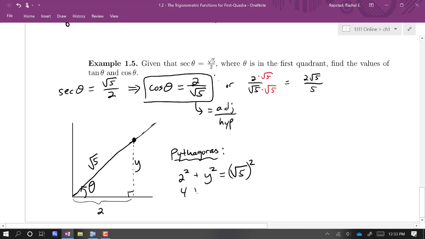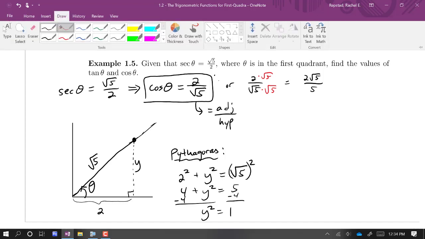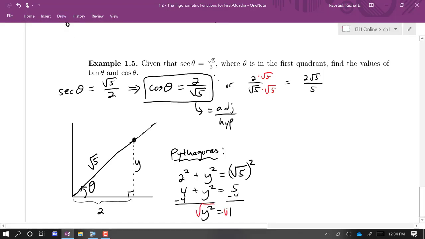So 4 plus y squared equals 5. If you square the square root of 5, you get 5. And if we subtract 4 from both sides, we get y squared equals 1. And taking the square root, I don't even really need my calculator to do this one. The square root of 1 is 1, and I know I'm only looking for positive 1 because it's in the first quadrant here. It's the first quadrant measurement.